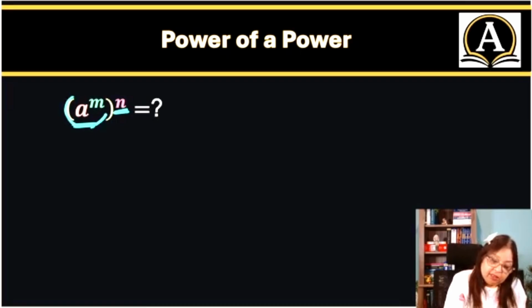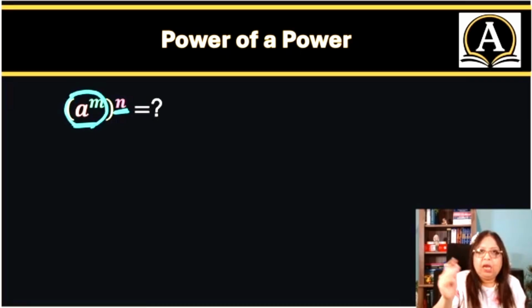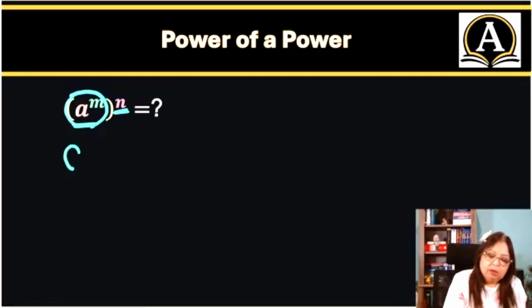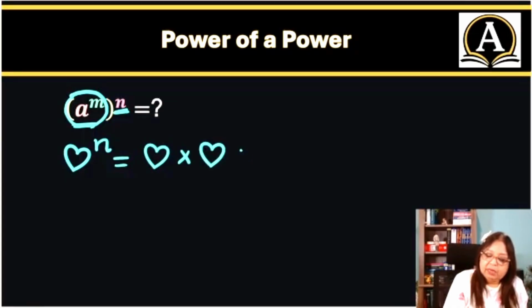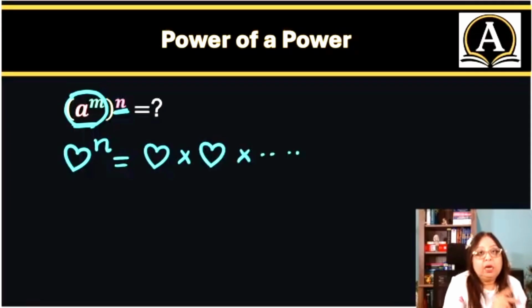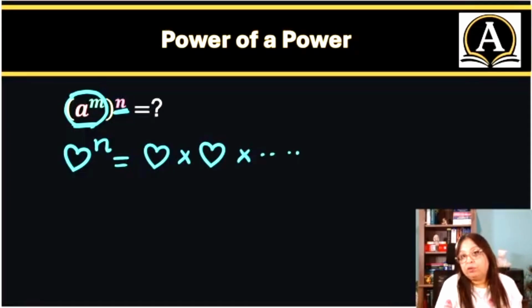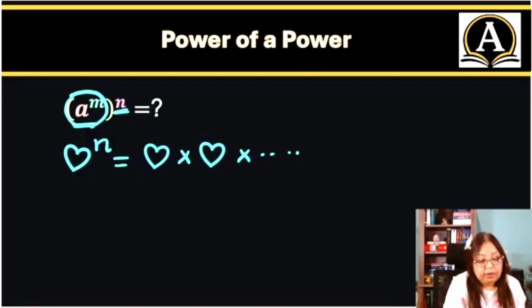Whatever is inside the parentheses could be anything. Call it a heart. We raise this heart to power n. That means multiply heart by itself how many times? N number of times. Keep on going until you have n hearts multiplying each other, right?